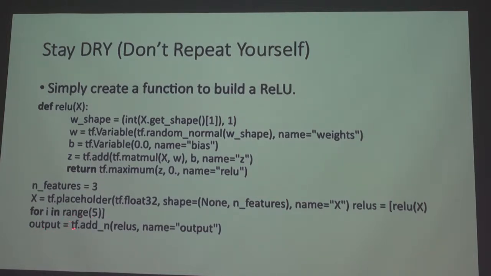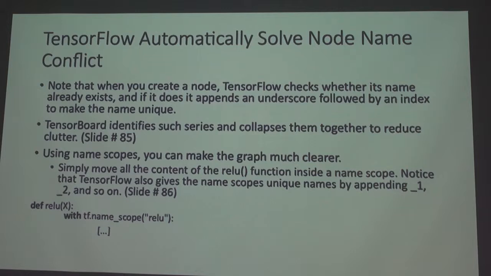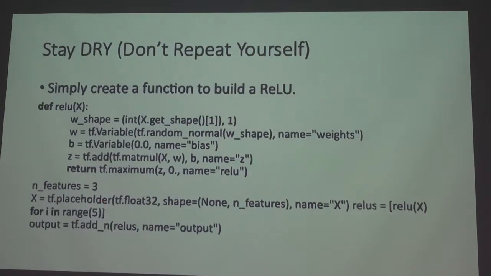We want the output to add 5 of these relus together. So now, instead of adding 2 ReLUs, this piece of code adds 5 ReLUs and outputs the sum. You can see that every time you call this function, here.